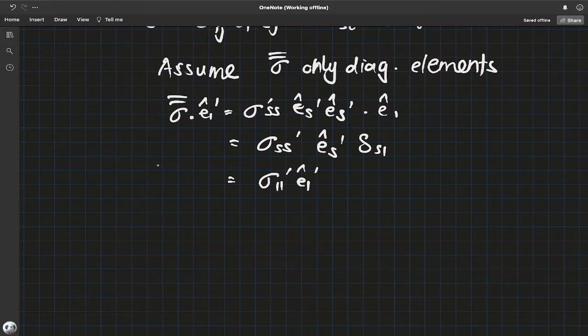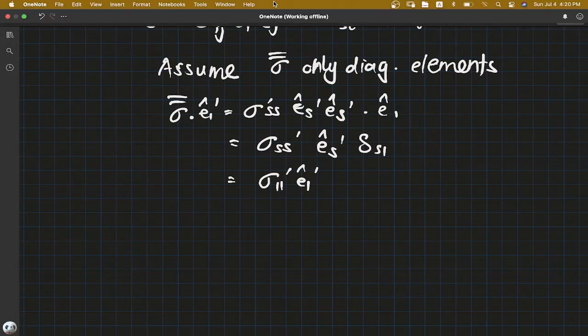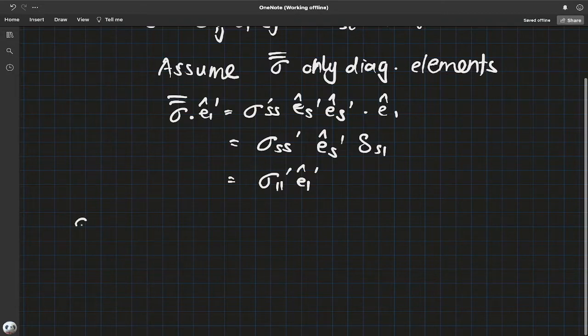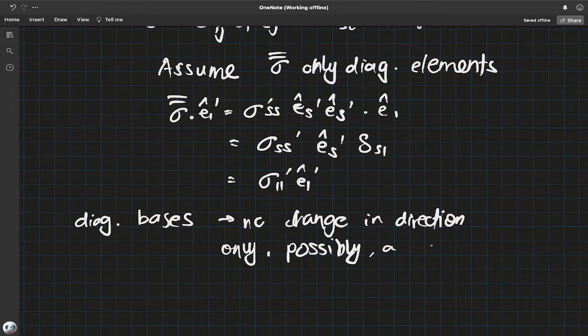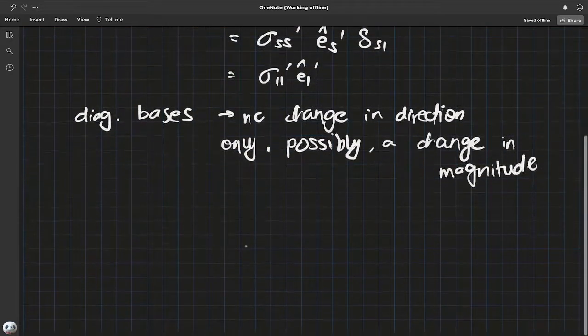Okay, so it's kind of evident that this diagonal basis, the prime basis, which is in this case the diagonal basis, causes no change in direction, only possibly a change in magnitude, and for this magnitude change I'm going to do certain steps down here.